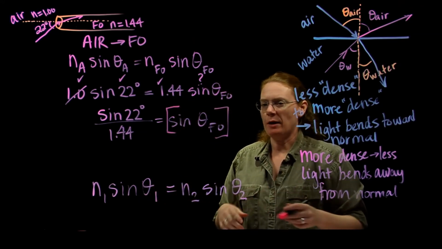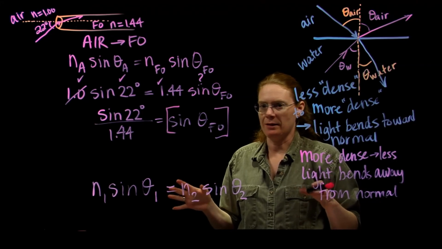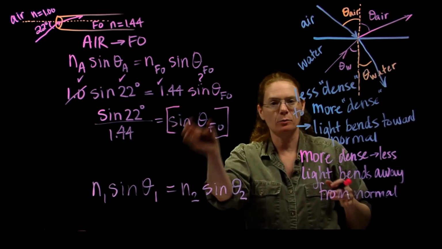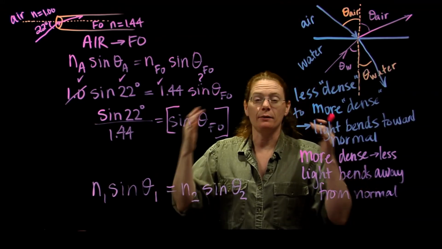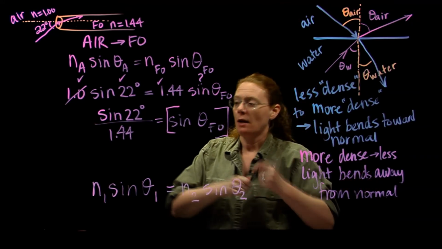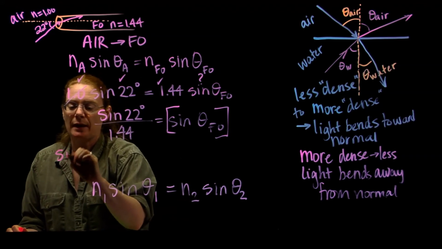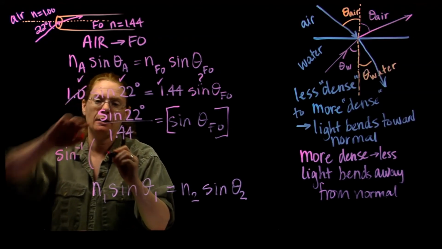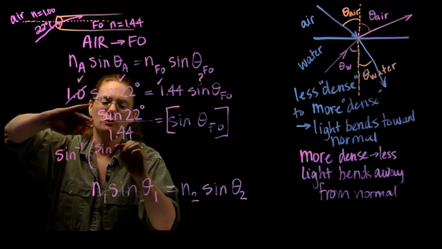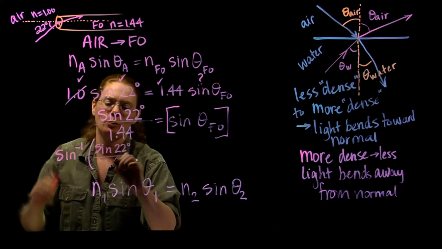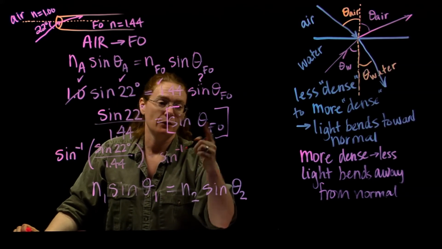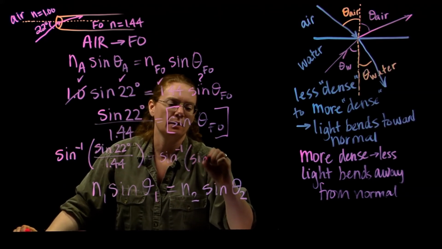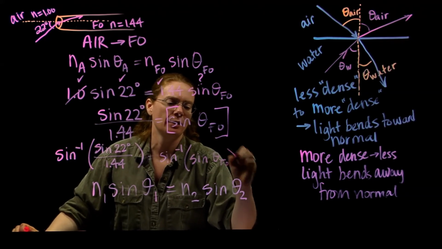The sine always has to be associated with an angle. So how do we get rid of a sine? Well, that's where the inverse sine comes in. If I do the inverse sine of both sides, so the inverse sine of sine of 22 degrees over 1.44, and then I do the inverse sine of the right-hand side, sine of the angle in fiber optics.